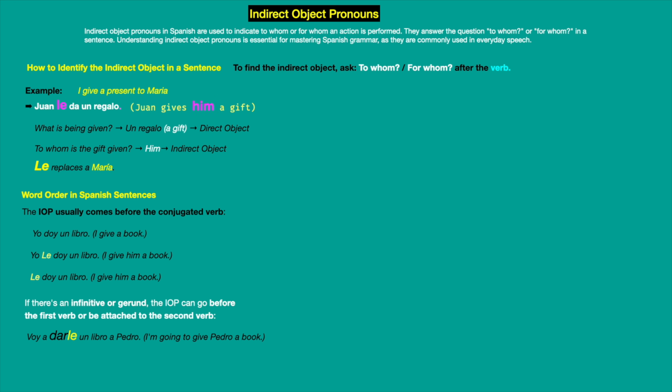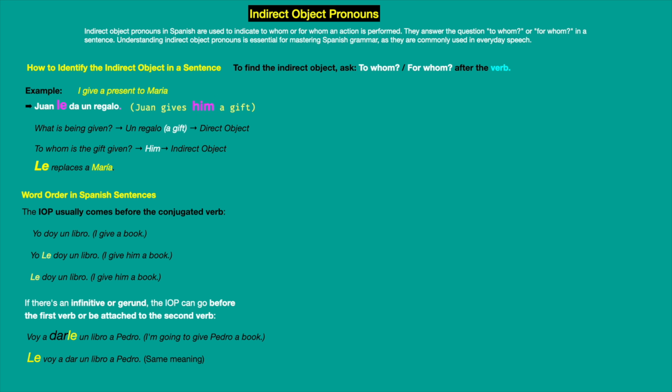"Voy a darle un libro a Pedro". So that is not when you are using the "-ing", no, it's "I'm going to". "Voy a darle un libro a Pedro".